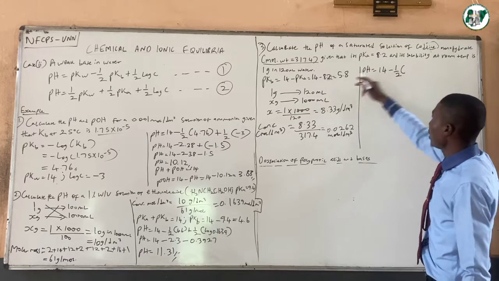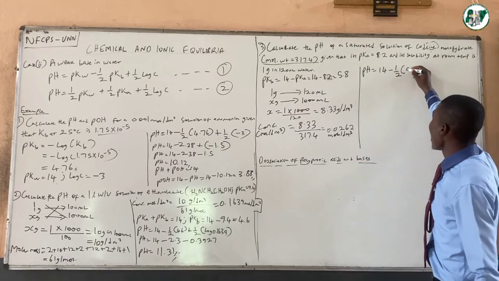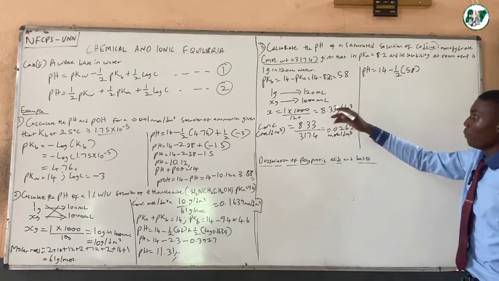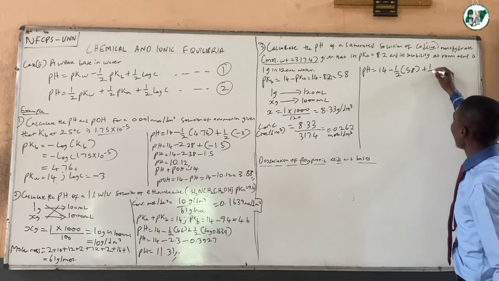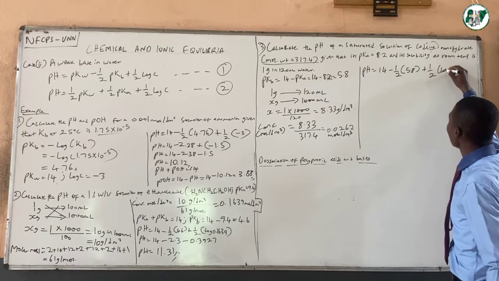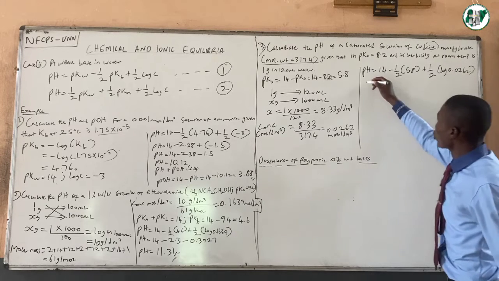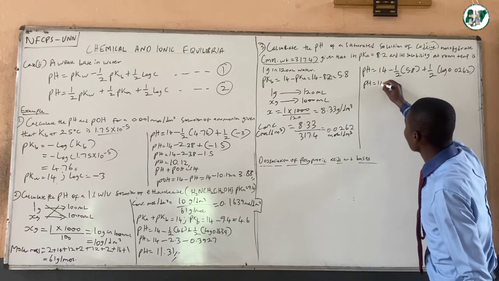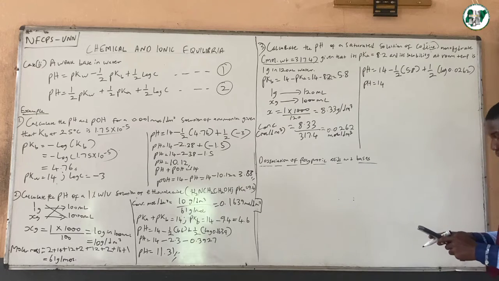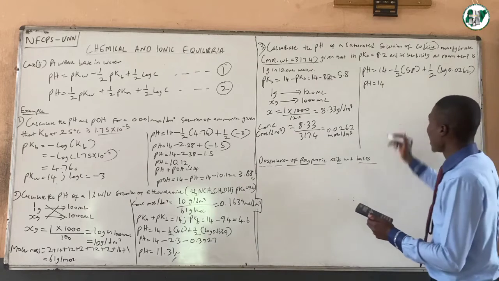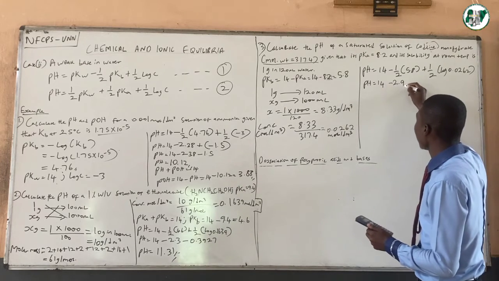Our pKb, according to our calculation, is 5.8. So pH = 14 - pKb/2 + 1/2 log C, which is 14 - 5.8/2, that's going to be minus 2.9.